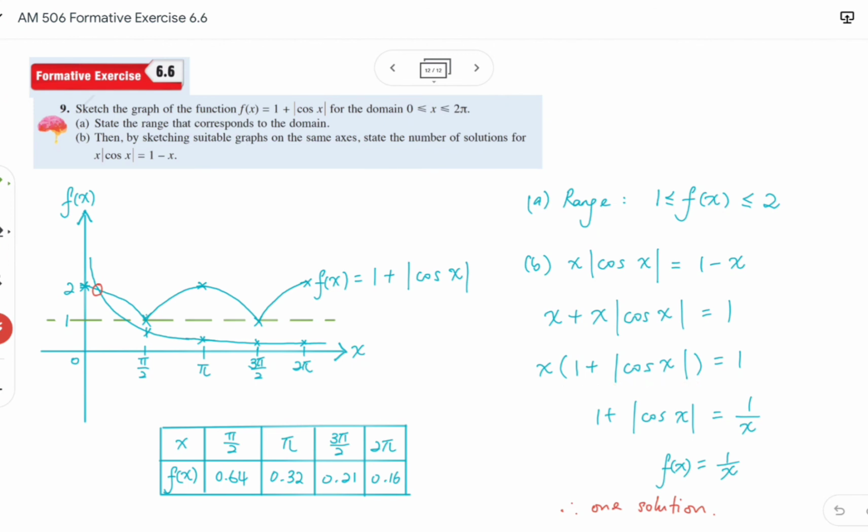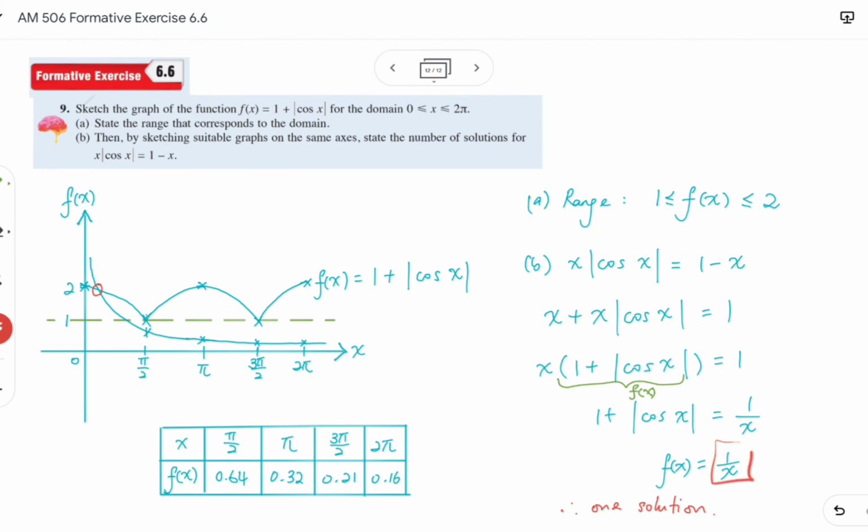So now this is actually our f(x) and the graph we have drawn just now. Therefore we move the x to the right hand side, become divide. So we have 1 plus modulus cosine x equals 1 over x. The f(x) equals 1 over x.